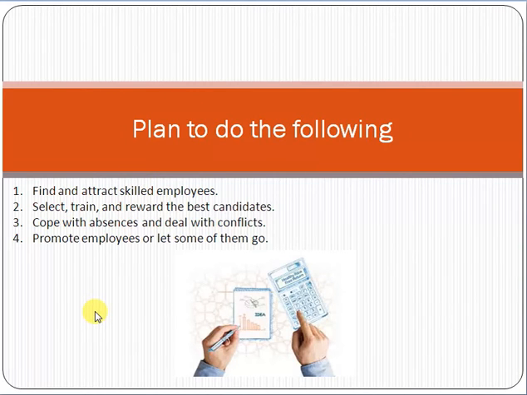Whenever we talk about human resource planning, we should keep these things in mind. First of all, always try to find skilled employees, resources which are skilled. Skill means that if you are doing any project, the things which are necessary to do that task should be available in the employee.